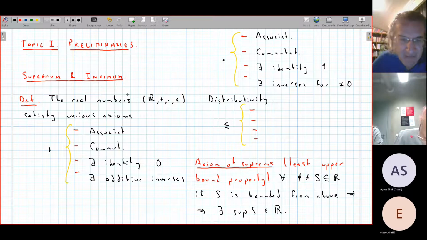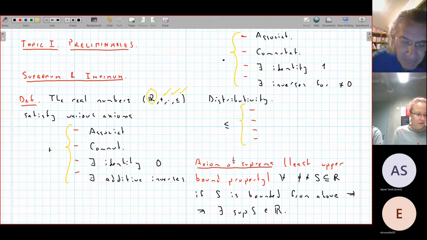So again, I make emphasis on this. The real numbers is a set with 2 binary operations and an order relation that satisfy all of these properties: the properties for the sum, the multiplication, this partial order, and this axiom is also satisfied.